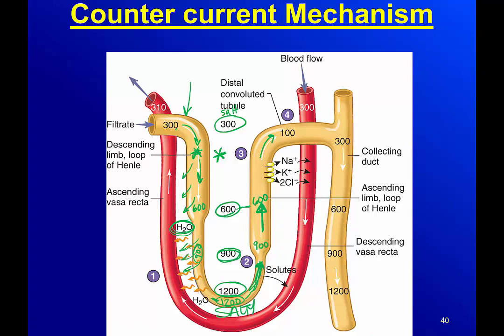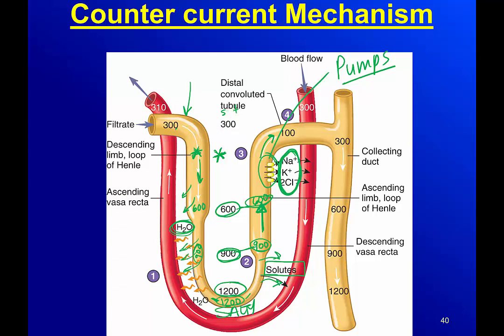So when I start coming up, trying to get everything matchy across like this, I start removing the solutes. I start getting rid of the salts. Even up here with my pumps, because remember, this is pumps. I am having to use energy. I'm getting rid of salts. Yes? See how that works so far, because all we've talked about is the loop of Henle.